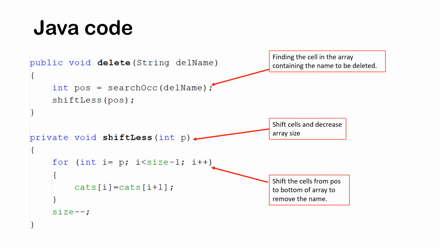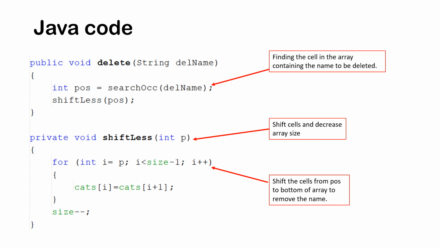Then we call the shiftLess(pos) method. And if we look at the shiftLess method, I've made it a private method here because it doesn't need to be accessed from outside the class. So private void shiftLess(int p), where int p is the position.